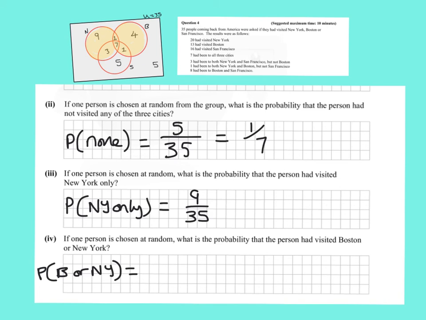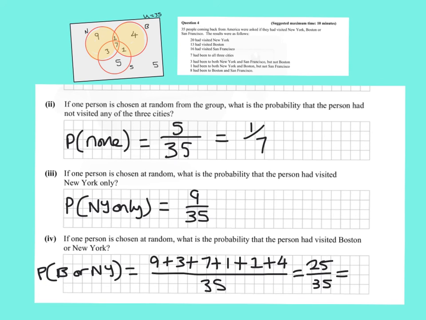But the question asks us, the person just had to have visited Boston or New York. So let's go ahead and add those regions up. We get 9 plus 3 plus 7 plus 1 plus 1 plus 4, and that goes over our total number of outcomes, which is 35. And what I get is 25 over 35, which gives me 5 over 7.